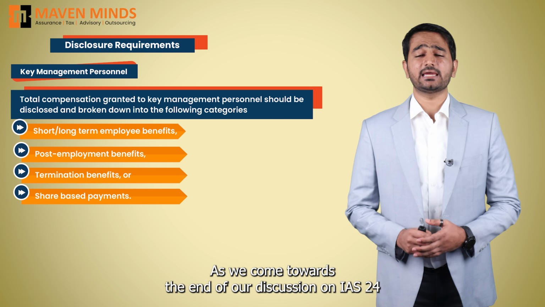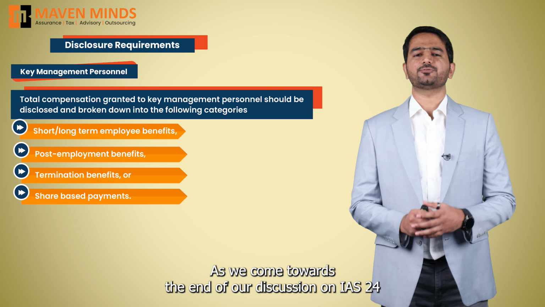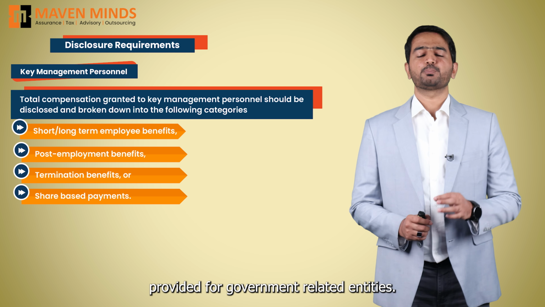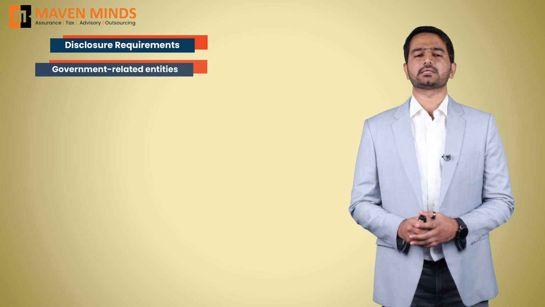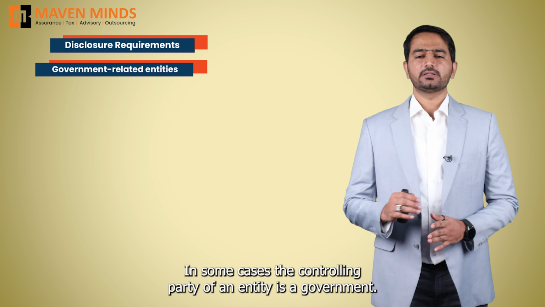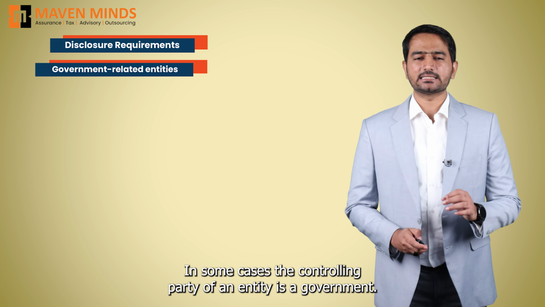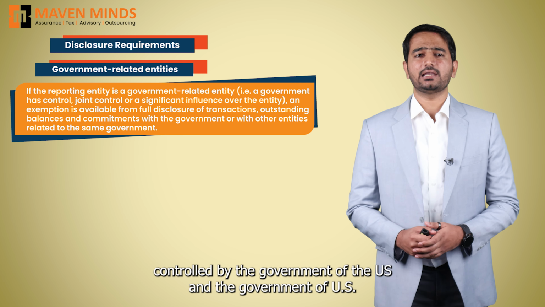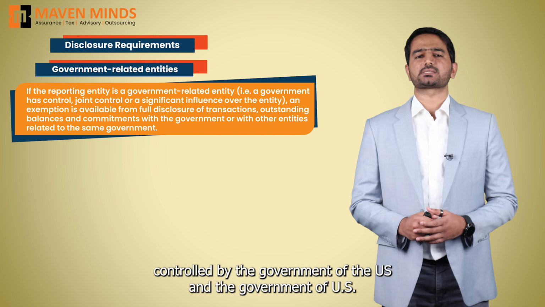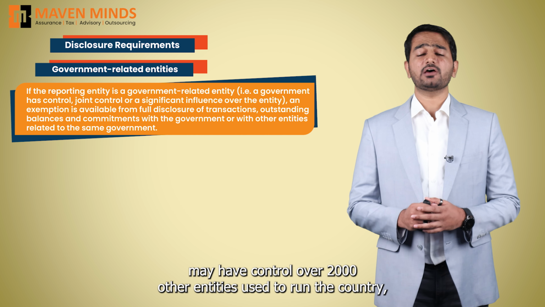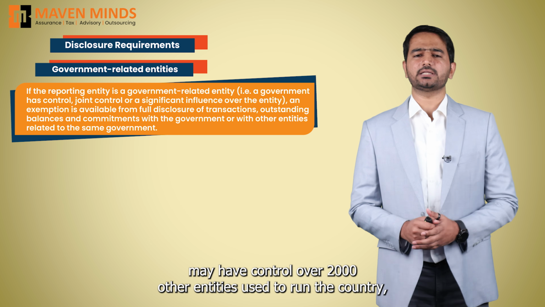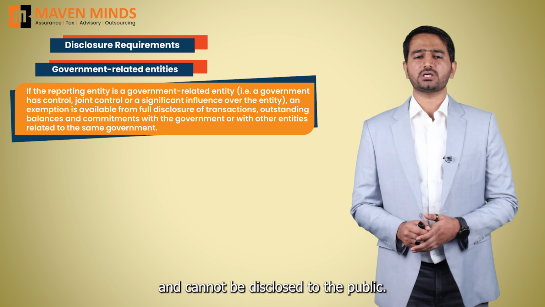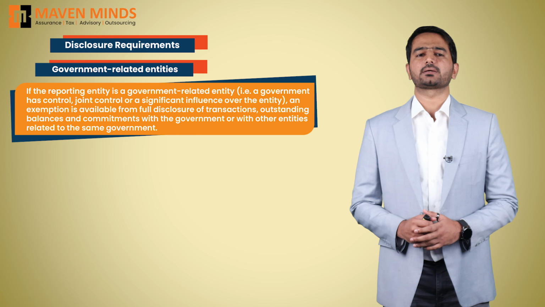As we come towards the end of our discussion on IAS 24, it is important to note a particular exemption provided for government-related entities. In some cases, the controlling party of an entity is the government. For instance, imagine you are a national airline controlled by the government of the US, and the government of the US may have control over 2000 other entities used to run the country, some of which might be of a sensitive nature and cannot be disclosed to the public.